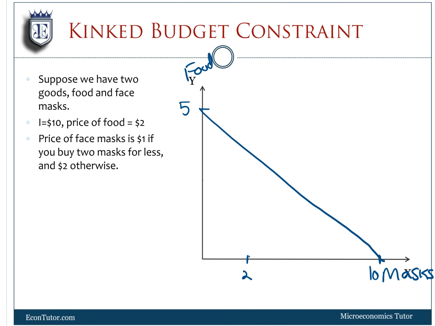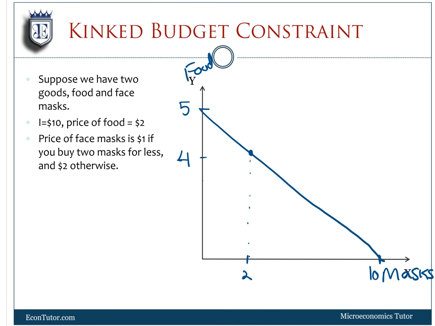So up till 2 masks, I can afford this. This means I need $2 to buy 2 masks, and so I have $8 left, so I can buy 4 units of food. But for the third mask, the price is now $2. Once I have bought 4 units of food, how much money do I have left?